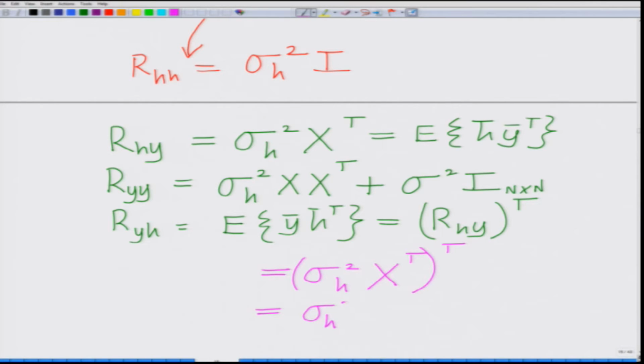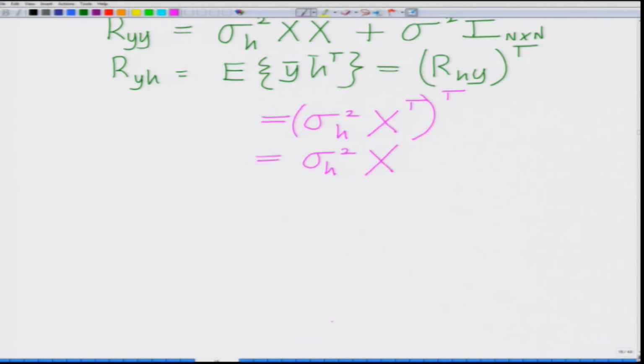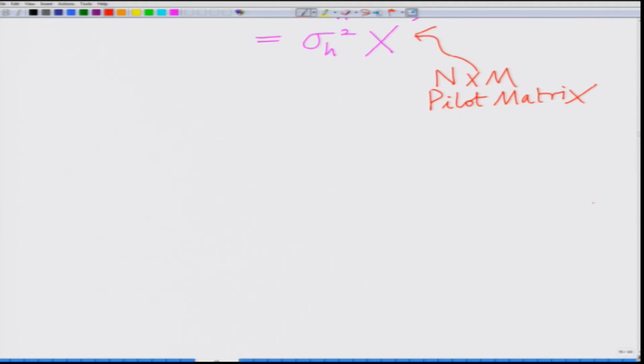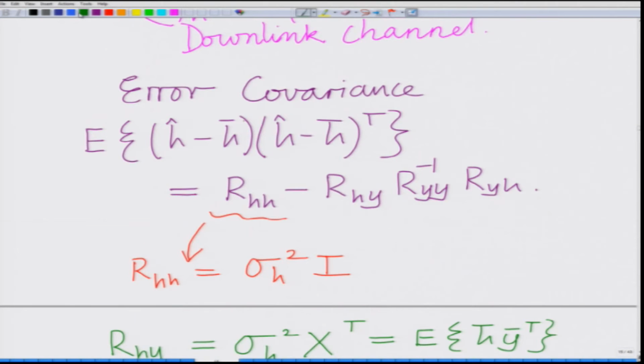So this is simply sigma_h squared times X, where X is, remember, the n cross m pilot matrix.